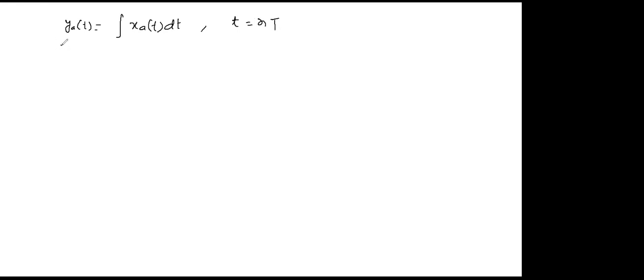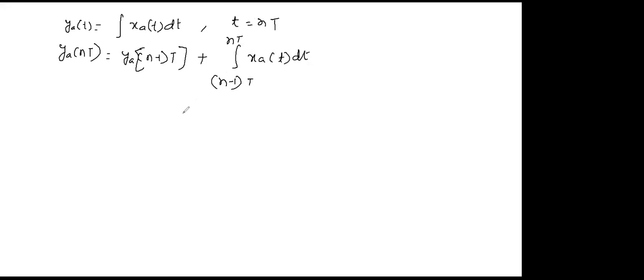So I can write ya(nT) equals some initial value, ya((n-1)T), plus the integral from (n-1)T up to nT of xa(t) dt. This ya((n-1)T) is the initial value of ya(nT).